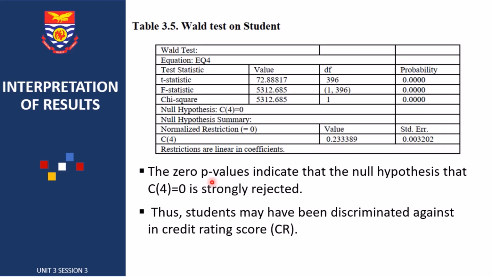The zero p-value indicates that the null hypothesis is strongly rejected, and thus we may conclude that students may have been discriminated against in credit rating. So we reject the null hypothesis that students have not been discriminated against and conclude that students have actually been discriminated against in the estimation of the regression model for credit ratings.